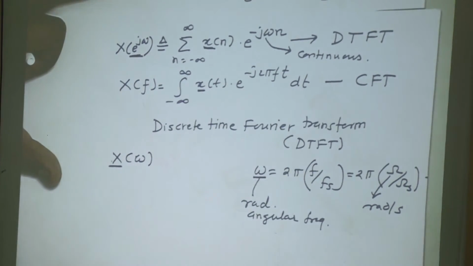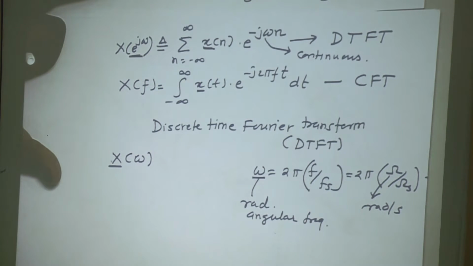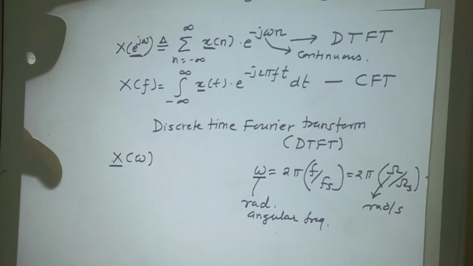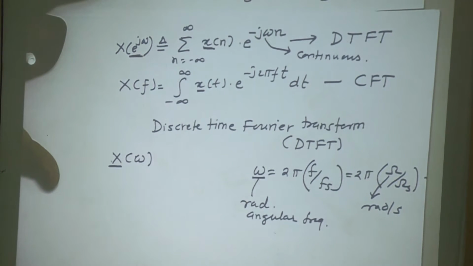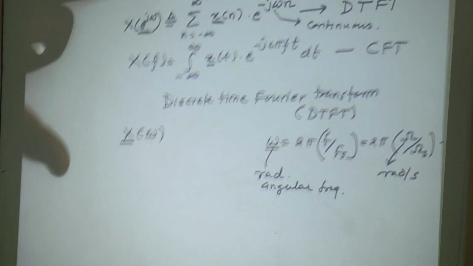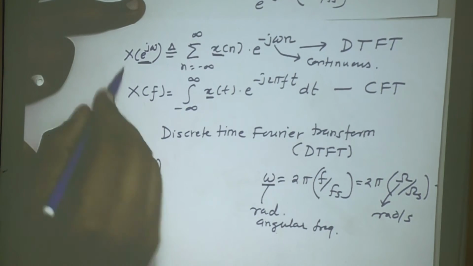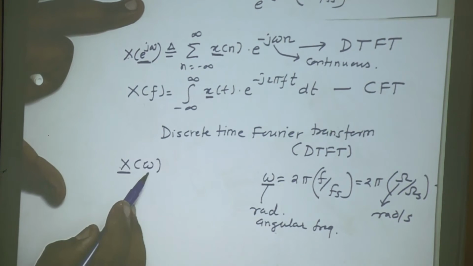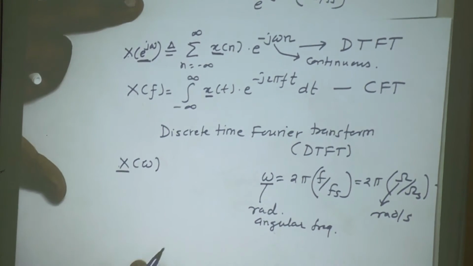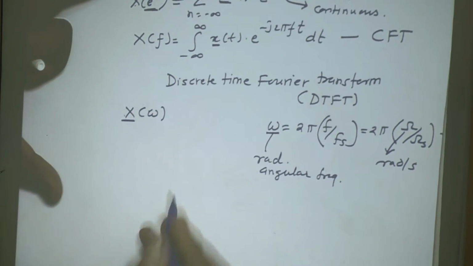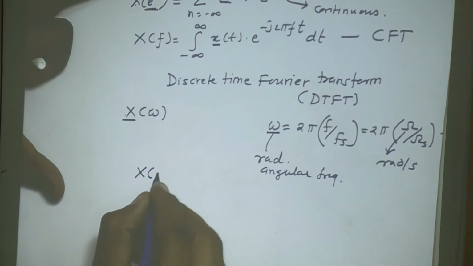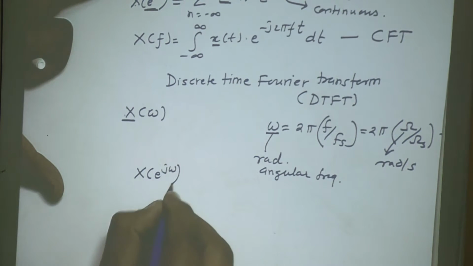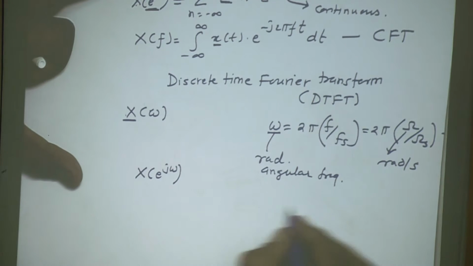Small x is used for time domain representation, and capital X is used for transform domain representation. There is a peculiar reason why it is written as X of e to the power j omega and not as X of omega. The reason is evident from the fact that this X of e to the power j omega behaves like e to the power j omega.